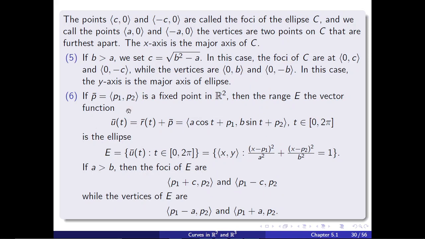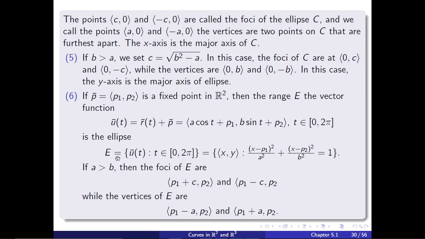Okay, and then I think this one is the last point. If (p1, p2) is a fixed point in R2, then the range E of the vector function u of t, which is equal to r of t plus p. So now the center has been shifted, right?